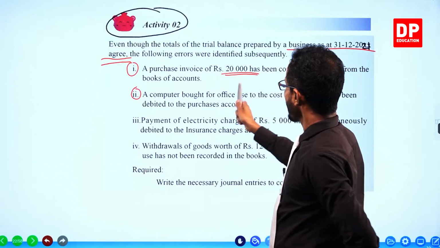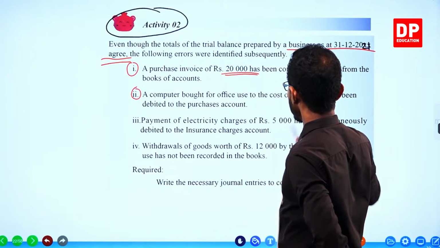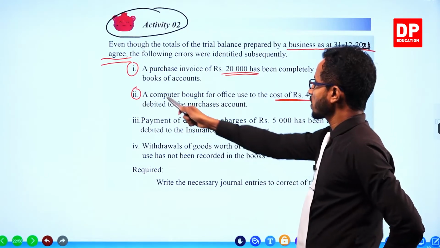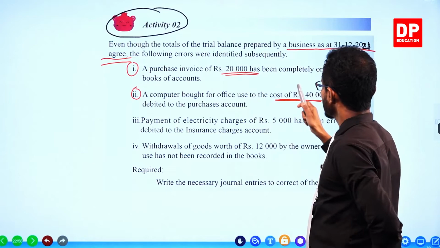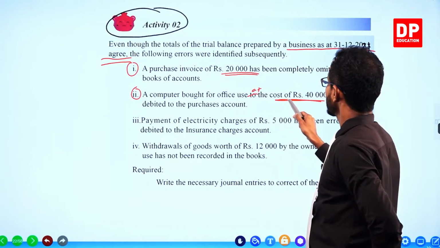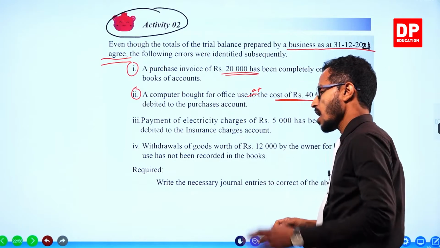Computer bought for office use at the cost of 40,000. Can you see this? A computer bought for office use at rupees 40,000 has been debited to the purchases account.